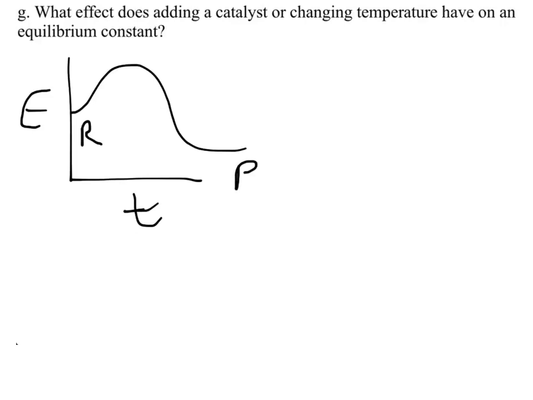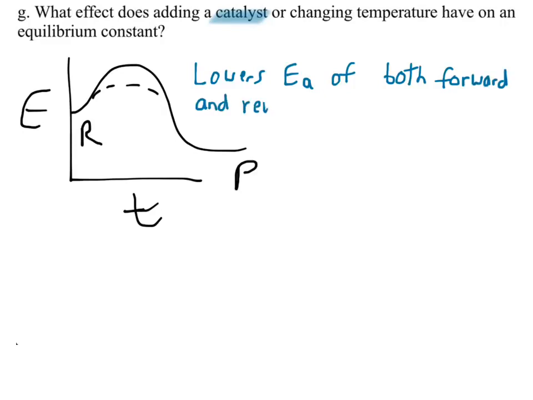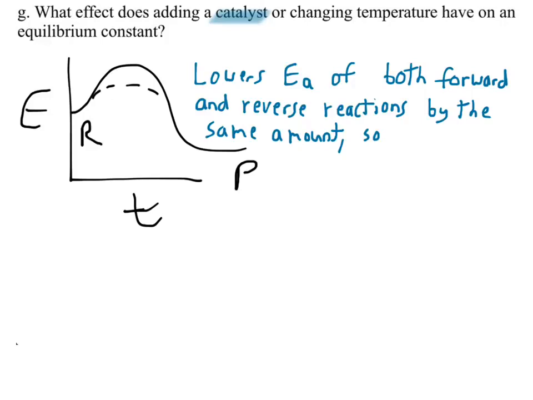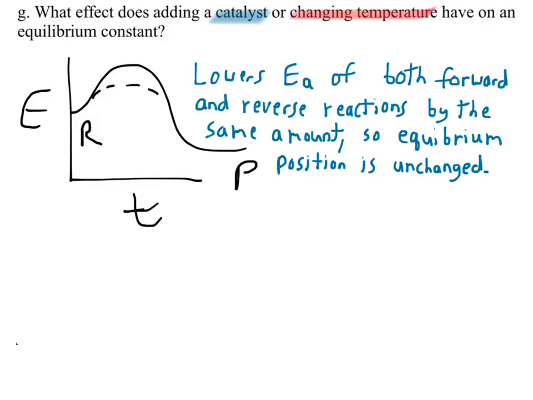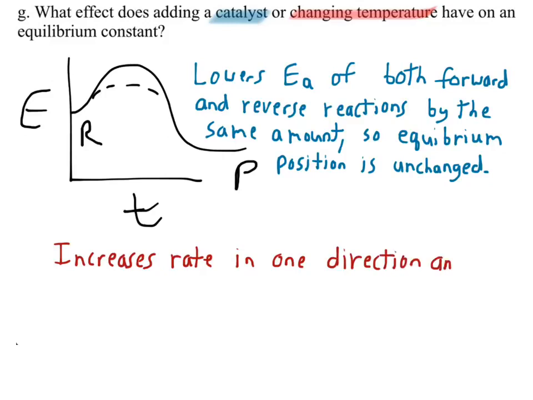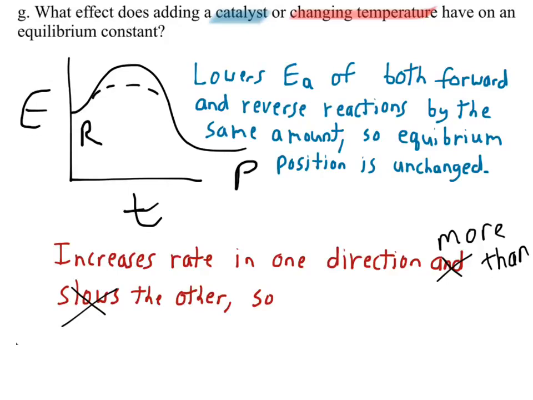So here's a diagram that shows you about the catalyst. Catalysts lower the activation energy by the same amount for the forward and the reverse reaction. So overall, there would be no effect. So K does not change. Changing temperature would increase the rate in one direction more than the other.